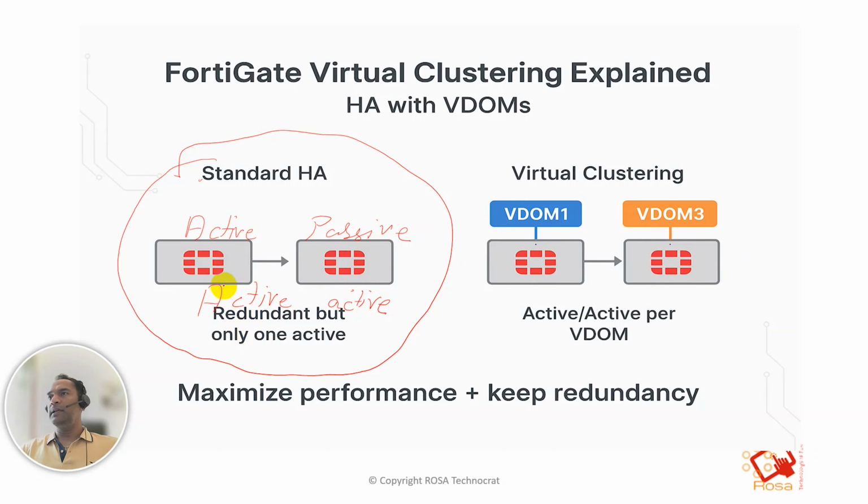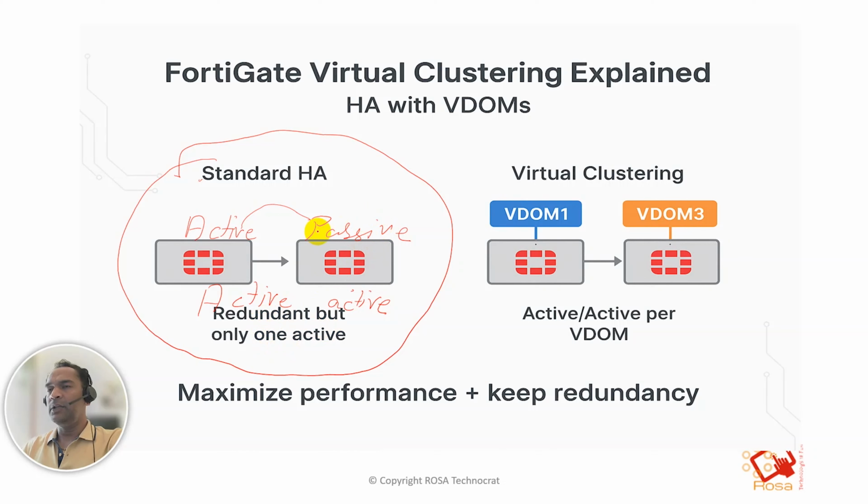When we say standard HA, you can either utilize one of the boxes and the other will simply work as a passive without any utilization, or it can be active where both boxes can be utilized and handle the traffic together. It is redundant, but only one is active when you are in active-passive mode.